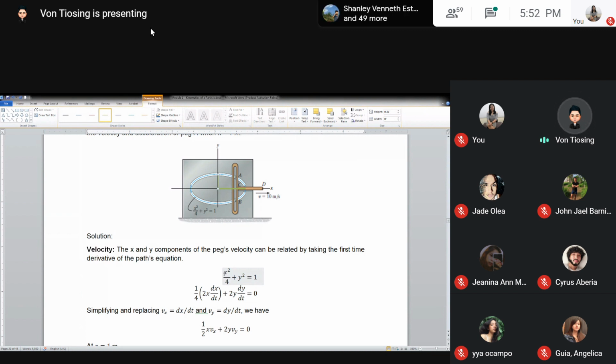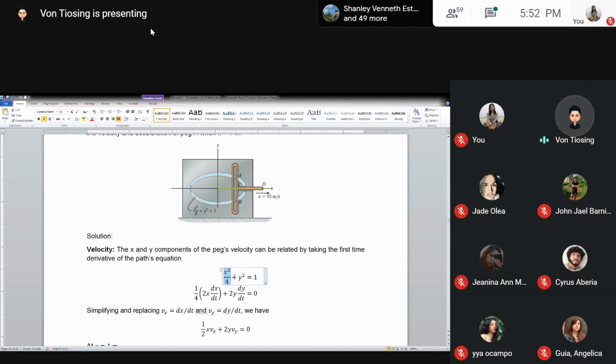I will emphasize this. So, the derivative of x squared over 4 with respect to t is equal to what? Okay? Factor out 1/4, then constant siya. Derivative of x squared is 2x. But the derivative of x with respect to t is ito, dx over dt. As mentioned a while ago, this dx over dt is the x component of the velocity. Ayan. Okay?